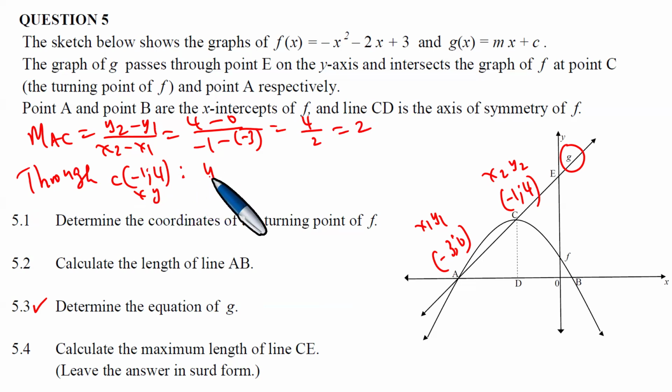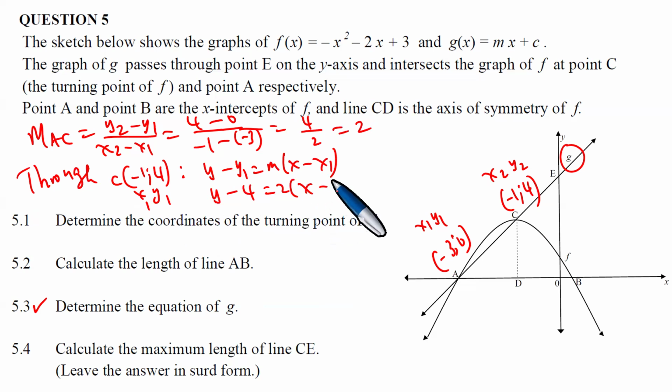So in the end, we have y minus y1 equals m into x minus x1, which is y minus 4 equals 2 into x minus x1. So y minus 4 is 2x plus 2, which means y is 2x plus 6.